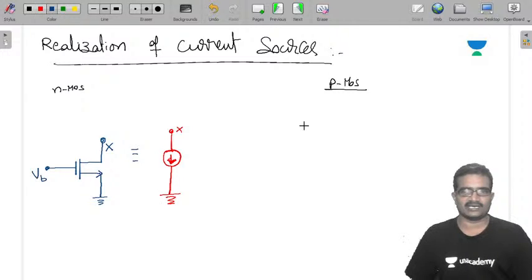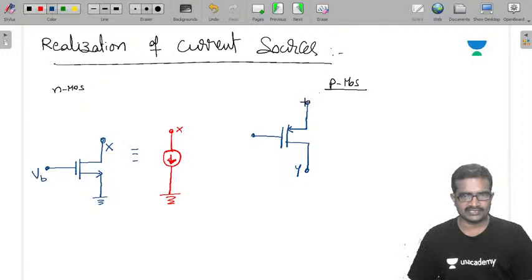Similarly, here in PMOS, I connect the proper biasing voltage. Let us take this as the point Y. Here we connect VDD. This is the biasing voltage.